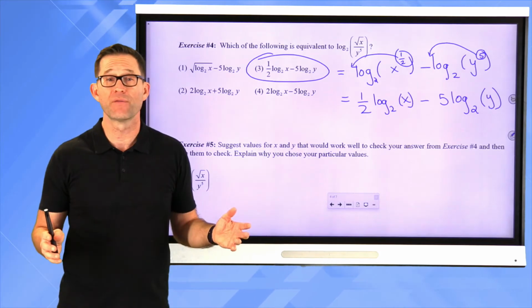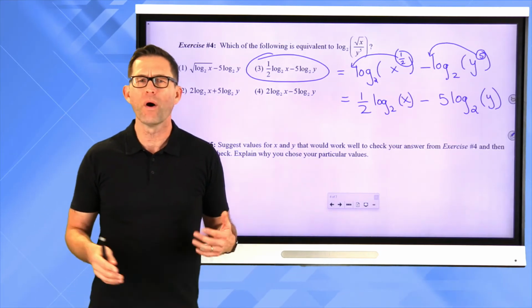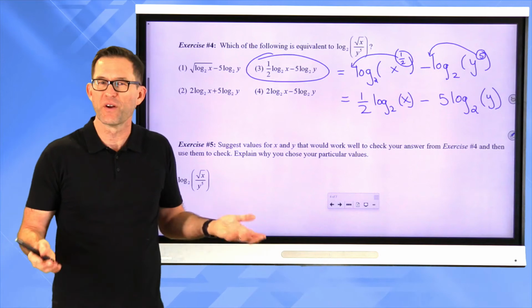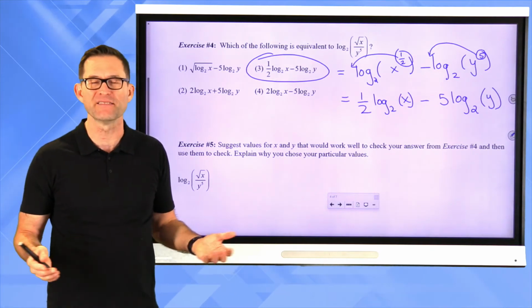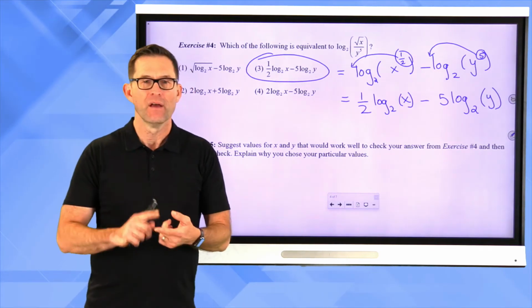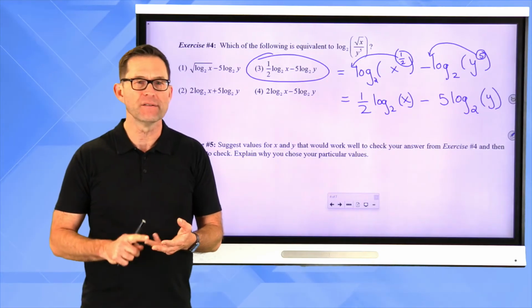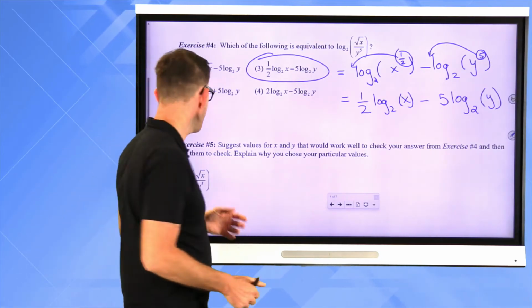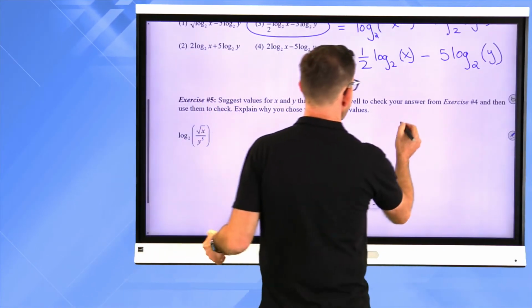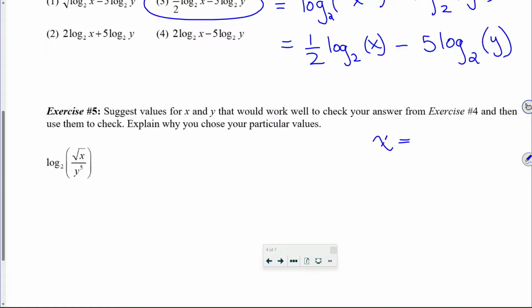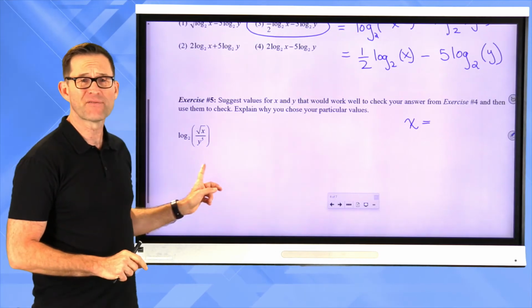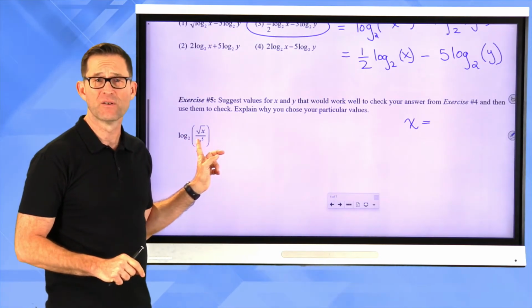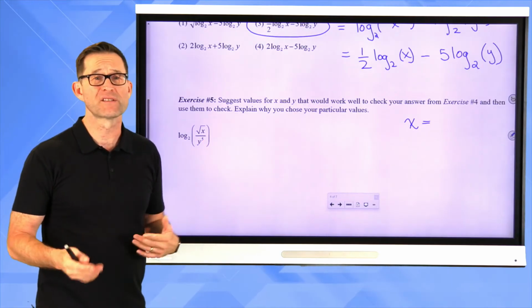Well, there's tons of different choices, right? But what we kind of want is powers of 2. Powers of 2 would be really nice. So powers of 2 are like 2, 4, 8, 16, 32, etc. So maybe x is equal to, and also, I'm going to have to take the square root of x, so I kind of want x to be a perfect square.